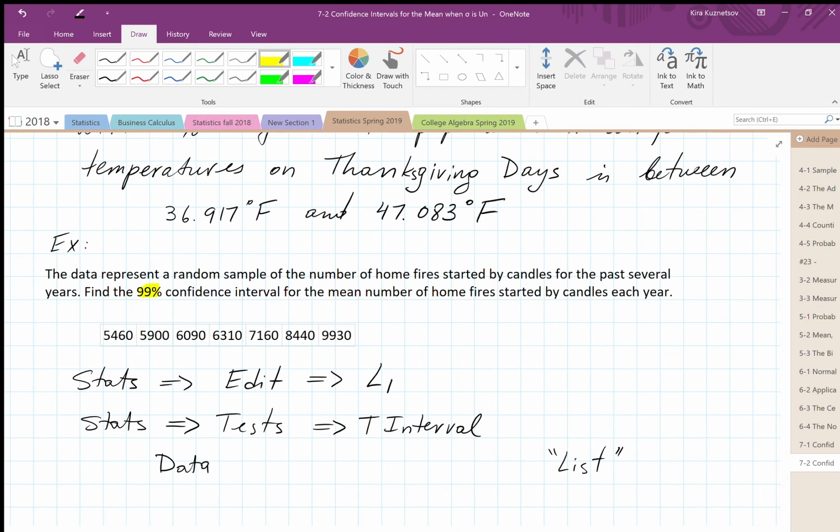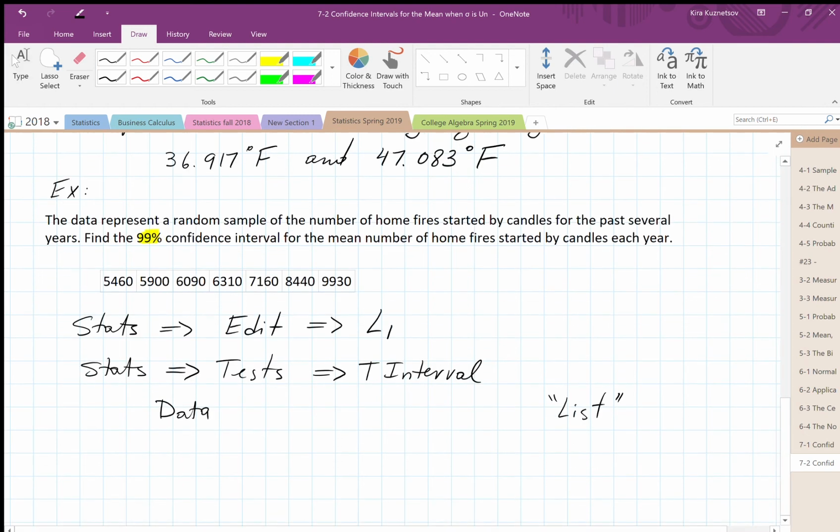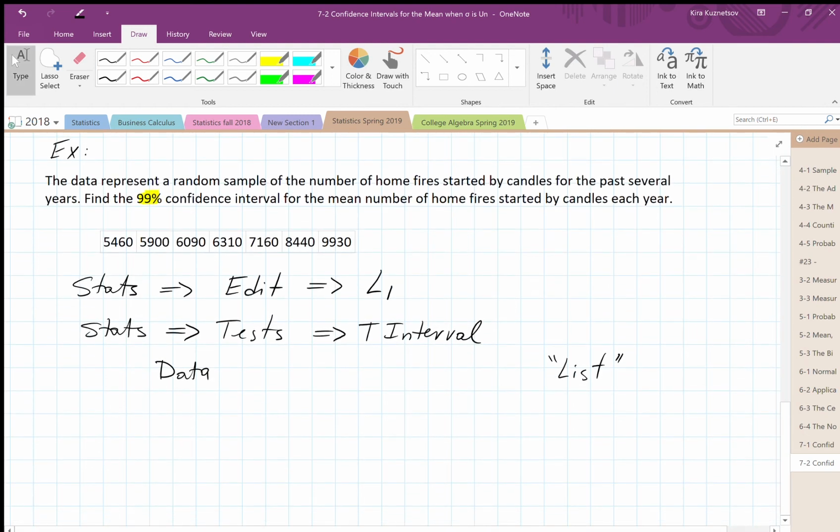So when I push calculate, it's going to take its time, and the first thing that it spits out is the actual interval, which is 4,785, 9,297.9, and everything else is the statistics.